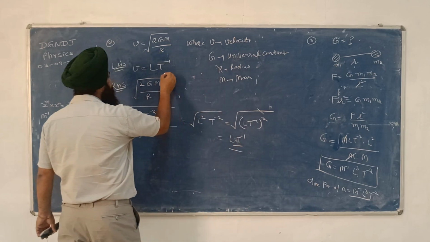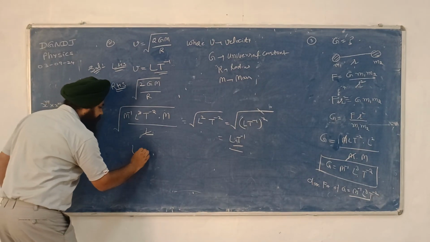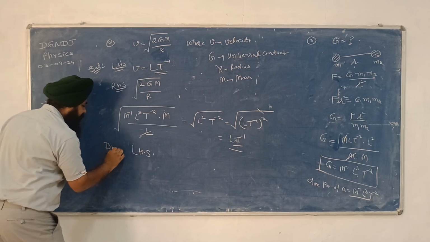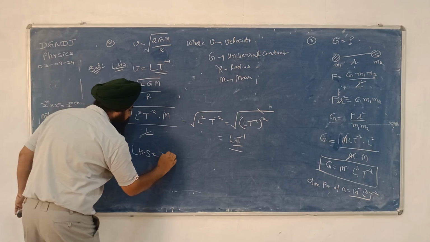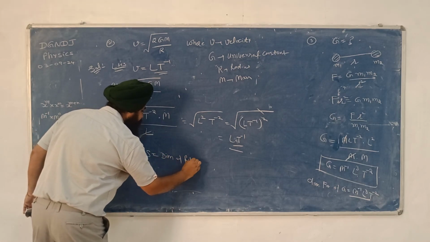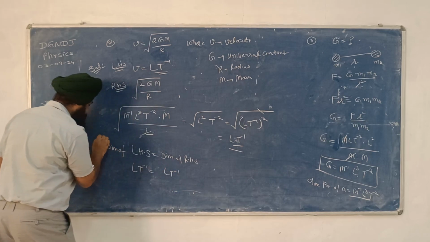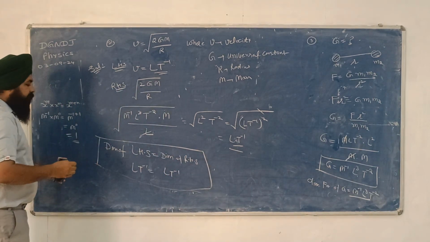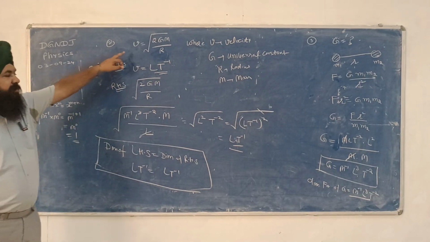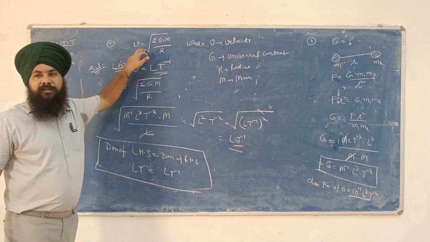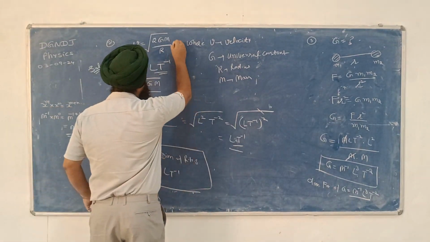So the dimension of the left hand side is equal to the dimension of the right hand side, that is LT minus 1 is equal to LT minus 1. So this equation is correct. This equation is dimensionally correct.